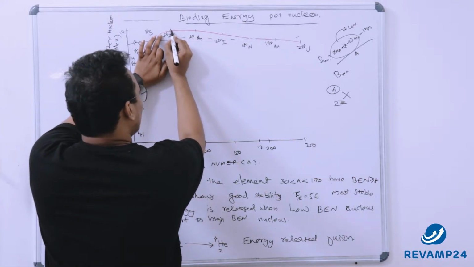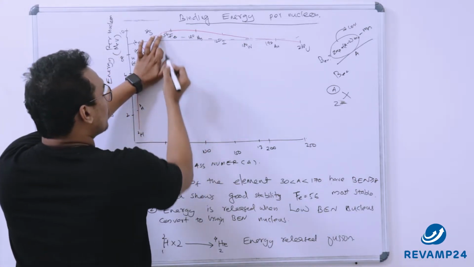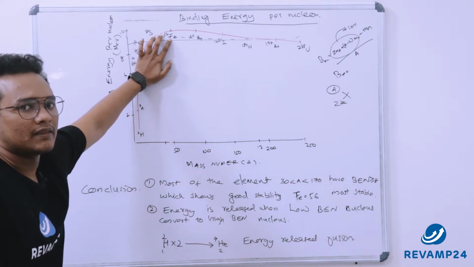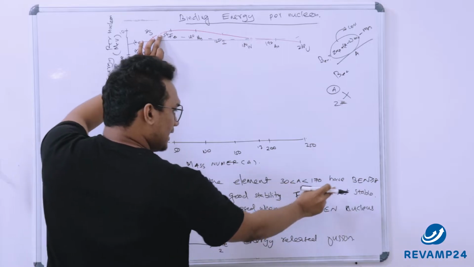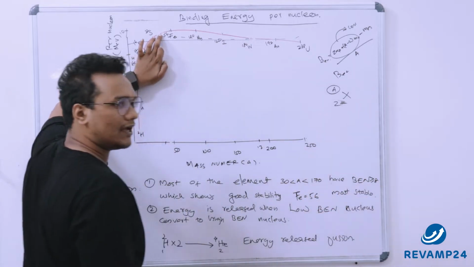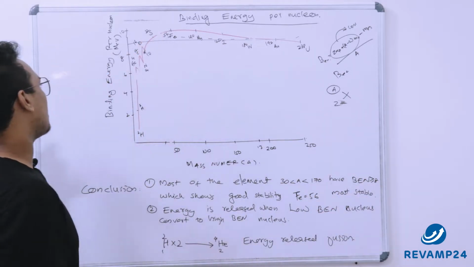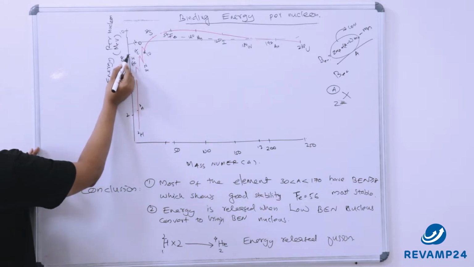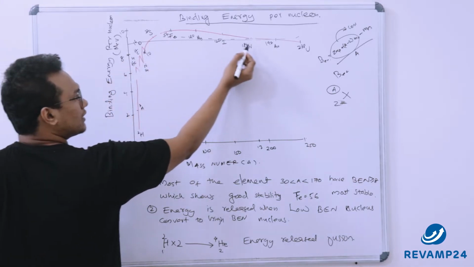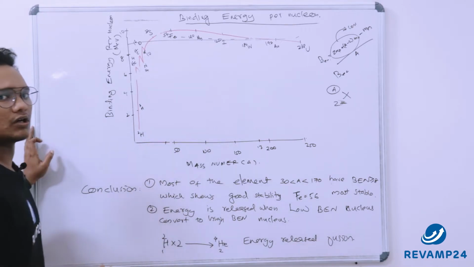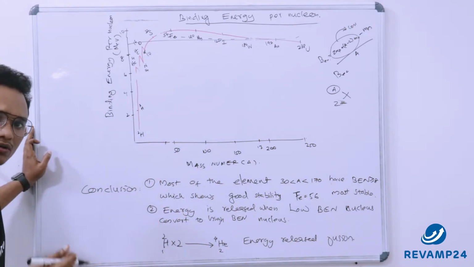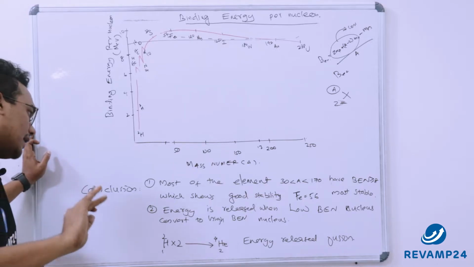So this is the maximum value, and binding energy per nucleon is maximum with the iron nucleus, and it is almost the same, or I could say the binding energy is a value equal to or greater than 8 mega electron volt. See, this is 8 mega electron volt. So in between these 2 points, the binding energy per nucleon is equal to or greater than 8 mega electron volt.